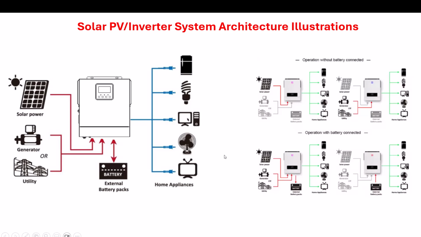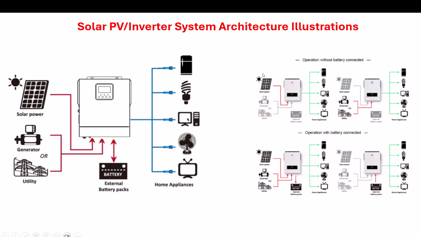To support the system in a residential setup, you need a battery storage, which conventionally is external to the inverter system, but nowadays you can also find an all-in-one that encompasses a solar PV inverter and also a battery embedded into one unit.